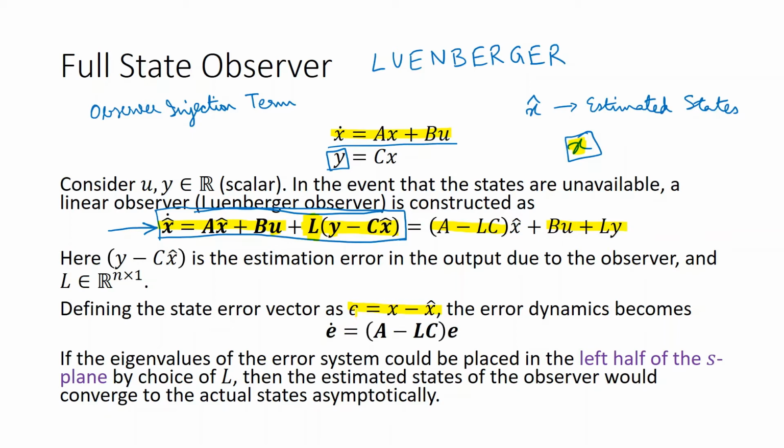Then the intention is to stabilize the error system. If we can stabilize the error system, the error will become 0 asymptotically, which would mean that the estimated state will converge to the actual state asymptotically. Then our objective is fulfilled.